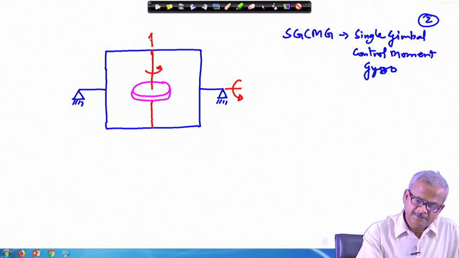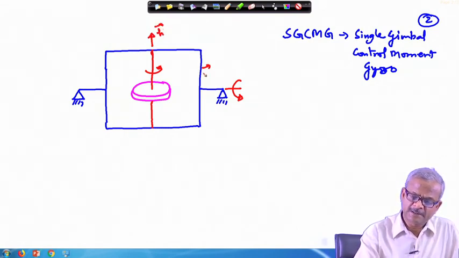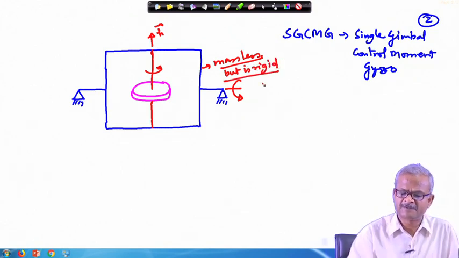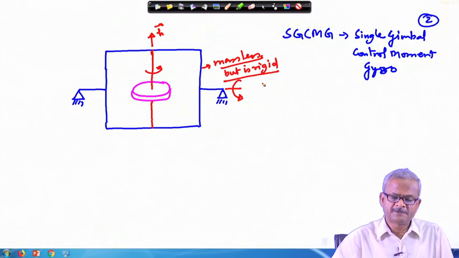So, it is an angular momentum vector, this is h, and we will assume for the time being that this is massless, but rigid. This is an idealization, massless but rigid.